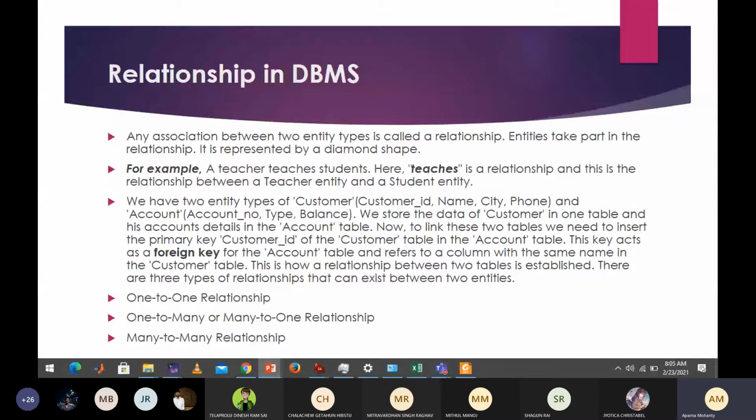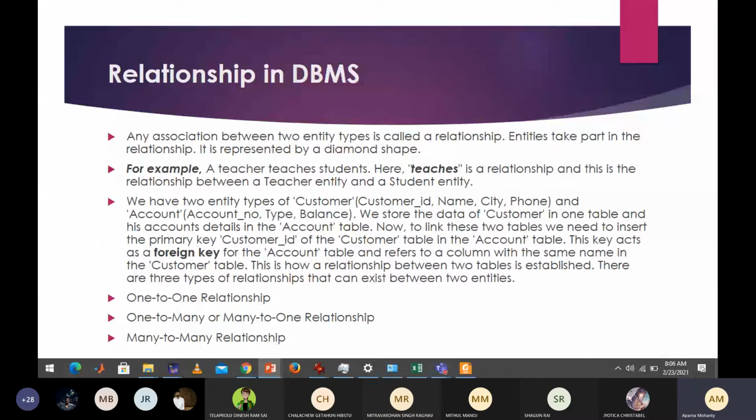Consider one example. There are two entities: one is customer and another is account. Customer has different attributes. Attributes means properties, like customer name and postal address, such as city, state, zip code. All these details of the customer are the attributes of the customer.